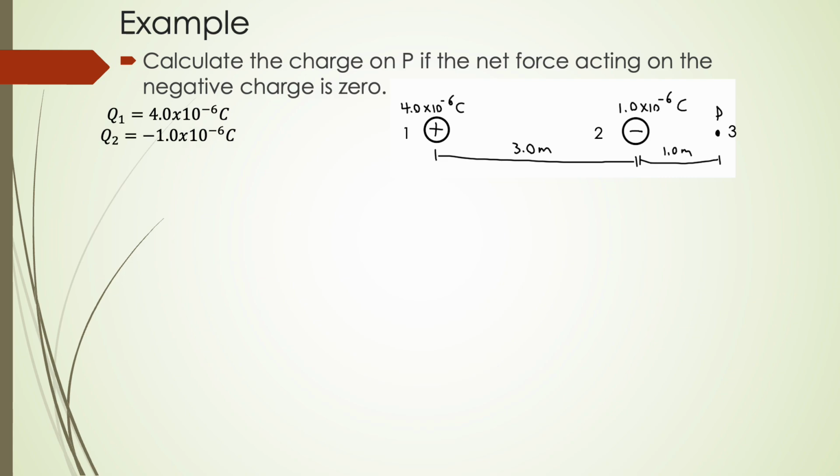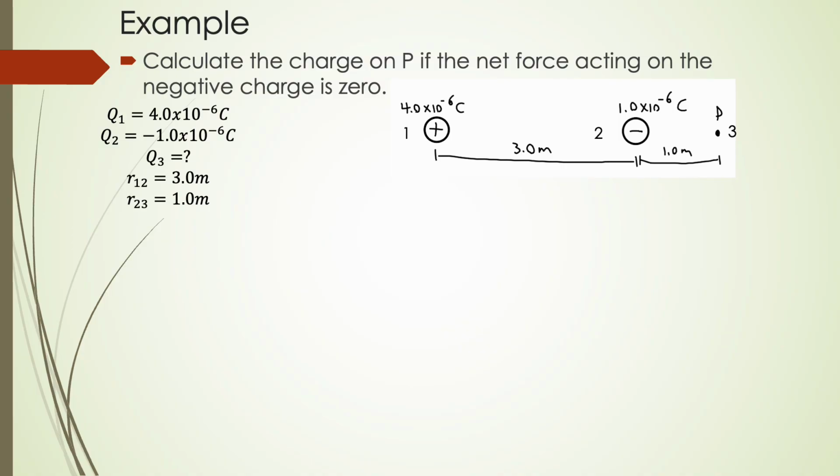Now we know our sum of forces is equal to 0. Our sum of forces acting on charge 2 is 0, which means that the force between 1 and 2 minus the force between 2 and 3 must equal 0, which means those must be of equal magnitude.